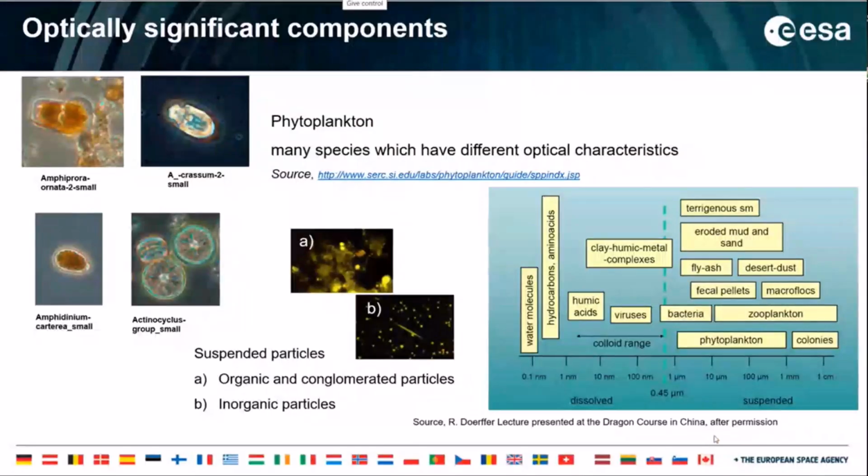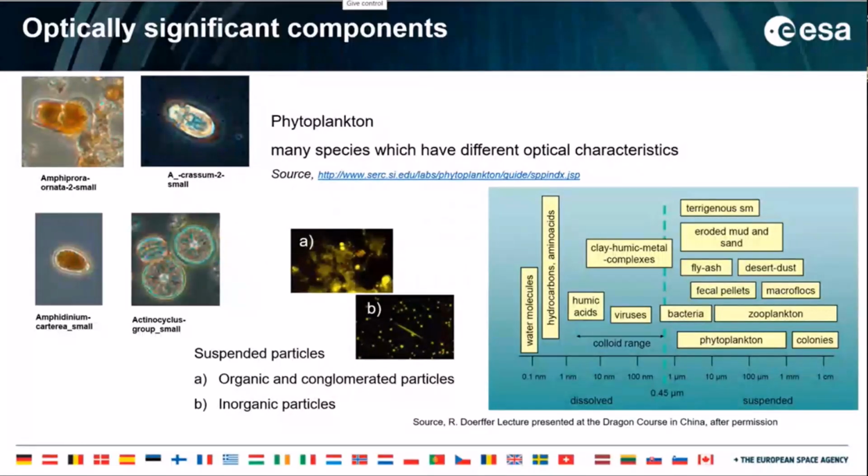And if you look at suspended material, there are many types, organic and inorganic, and they come from different origins. If you also look at the left side of this graph, you would see the inorganic materials, and they are also formed from many types.